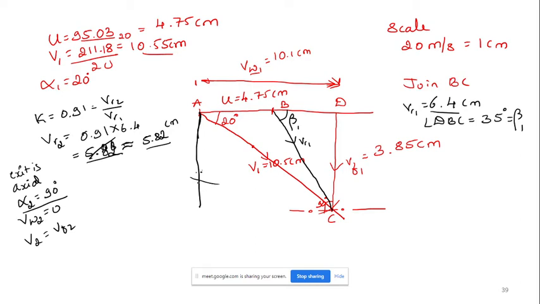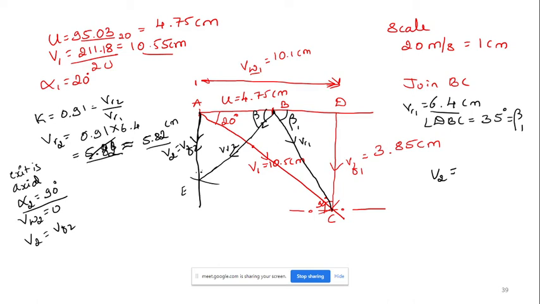Yes, sir. Okay. And then from this point, let us call it E, and join the line. Let's call this VR2. Measure VR2, which is already measured. Measure beta 2 and V2 equals VF2. What is the value of V2?